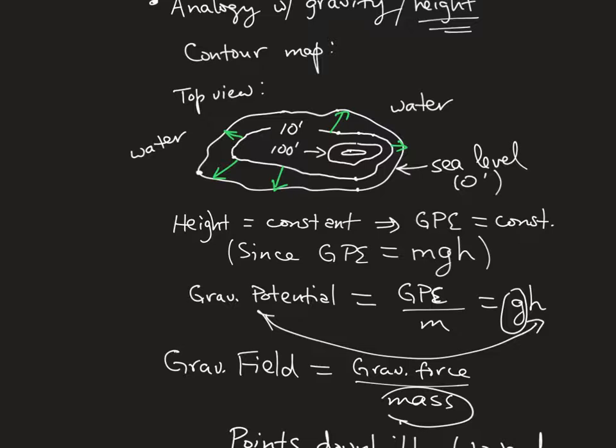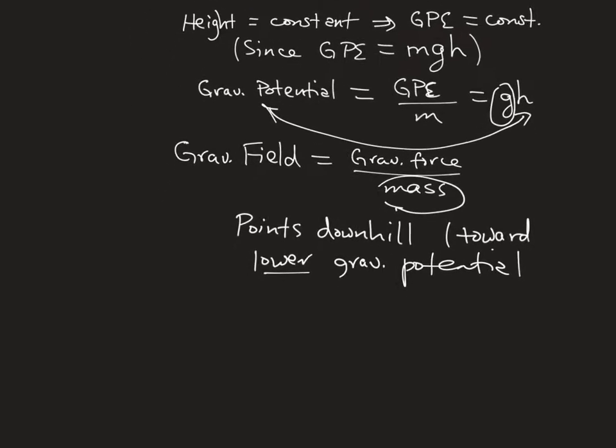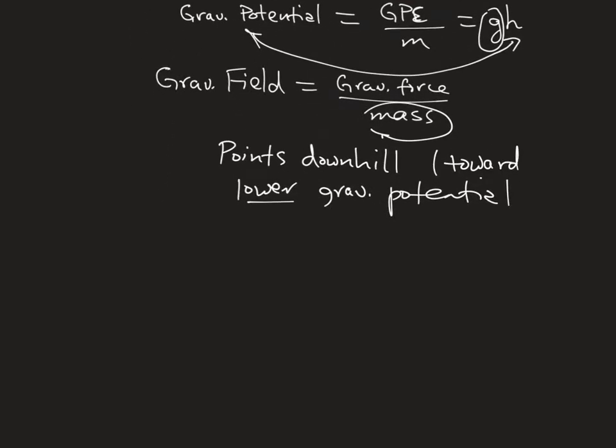Okay? And so all of that just completely carries over when we talk about electrical potential. It's going to be almost exactly the same thing. We're just going to replace all of the things with the electrical version.